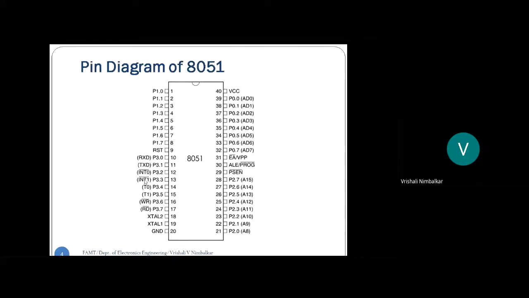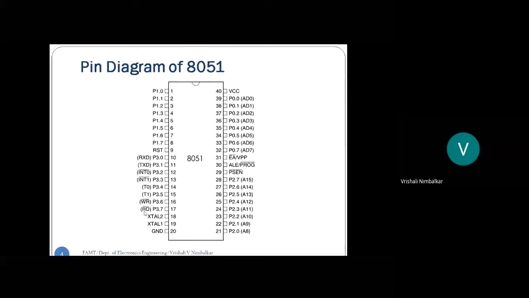Okay. Next, 3.4, 3.5 are the pins associated with the two timers, timer 0, timer 1. Correct? So we had said these two pins are the timer counter pins. Next, 3.6, 3.7 are the read-write control signals. They are related to external memory interface.